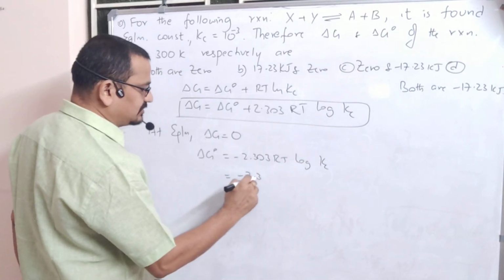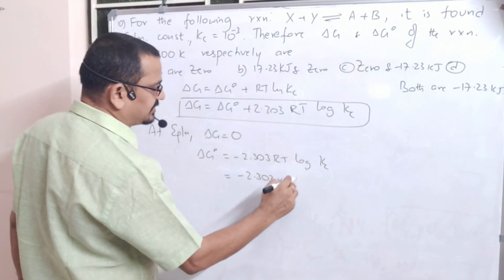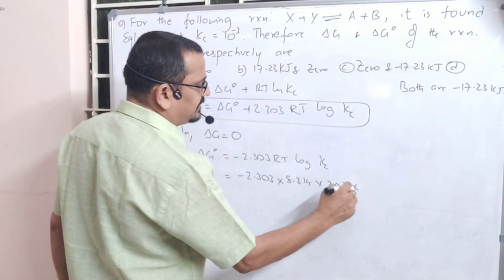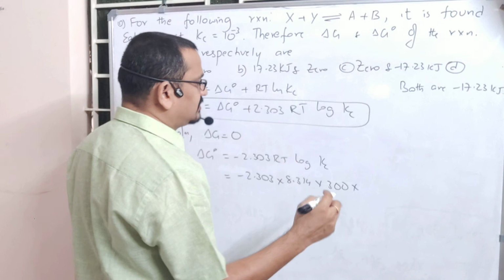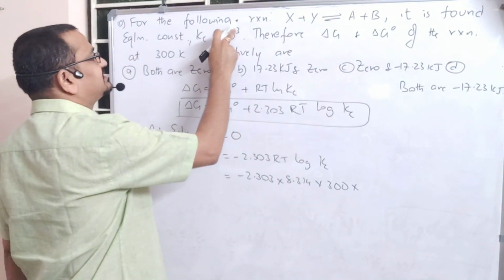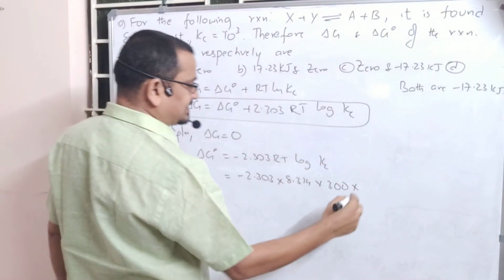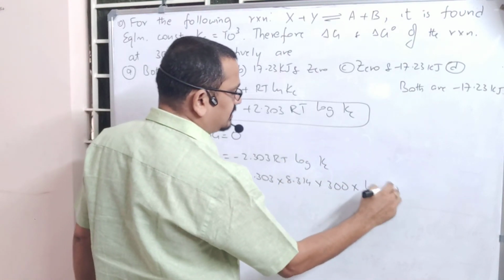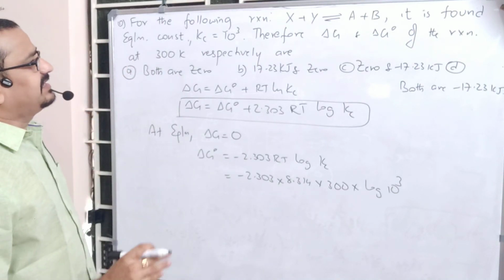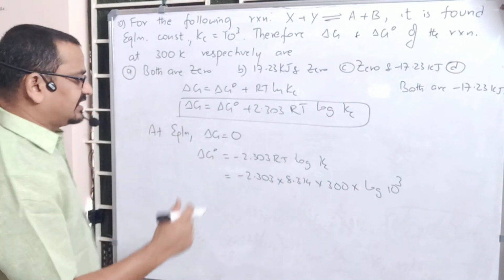That equals minus 2.303 into 8.314 joules into 300 into log 10 power minus 3, right? So this is plus 3, then log 10 power 3. Any other values are given? So we can find it out directly.